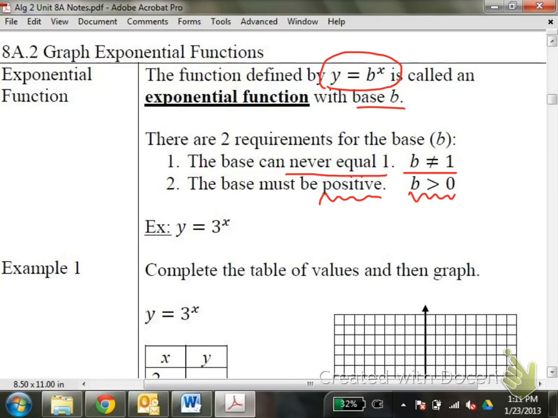Okay? You can have a fraction as your base. However, you just cannot let it equal 1. Okay? So it can be any positive number, just not 1. So, for example, y equals 3 to the power of x is an acceptable exponential function because the base here is 3.